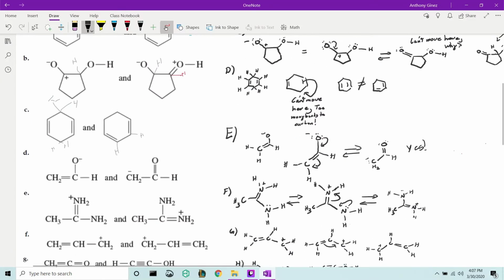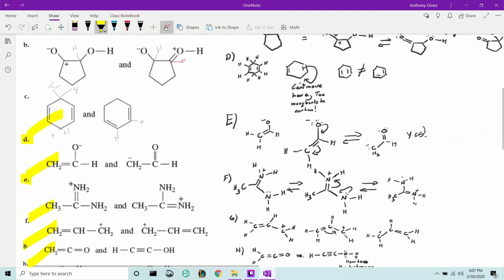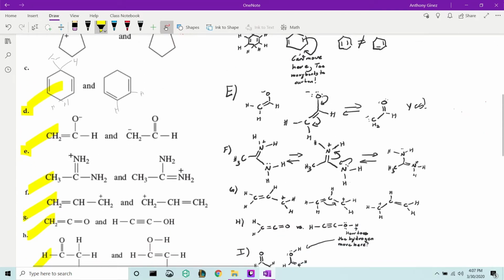Moving on to question E. They're weirdly associated in this textbook. But moving on to question E, we have this structure which looks like this.